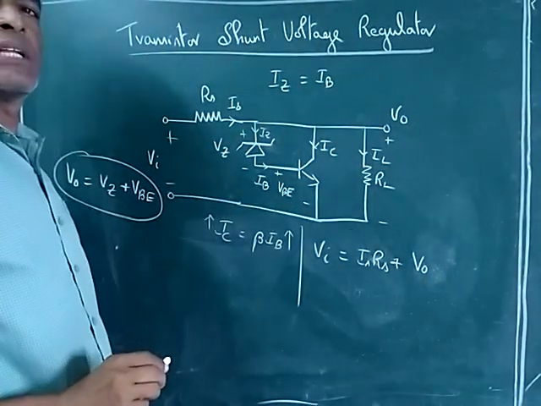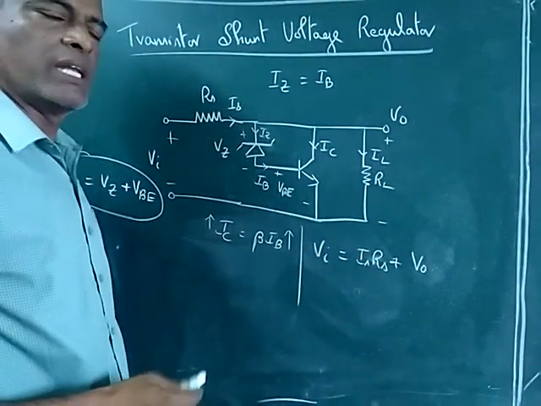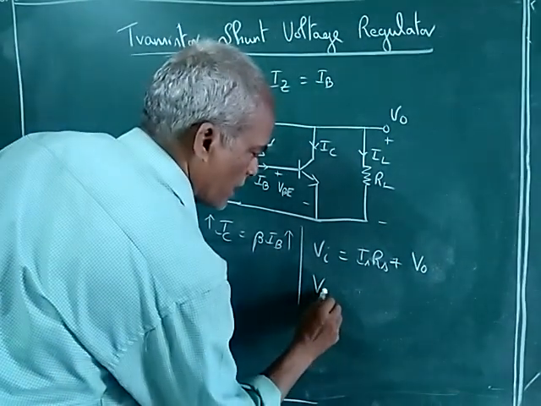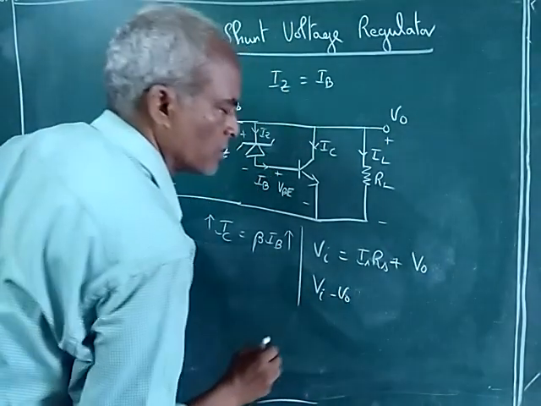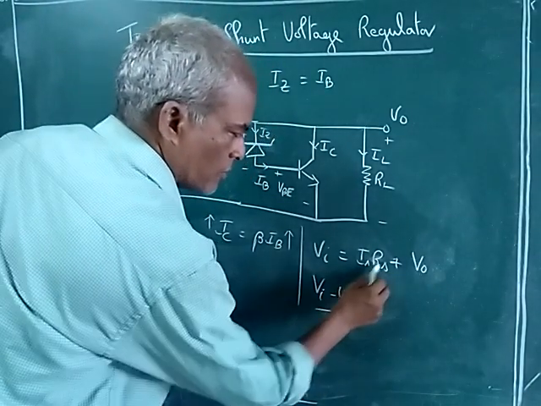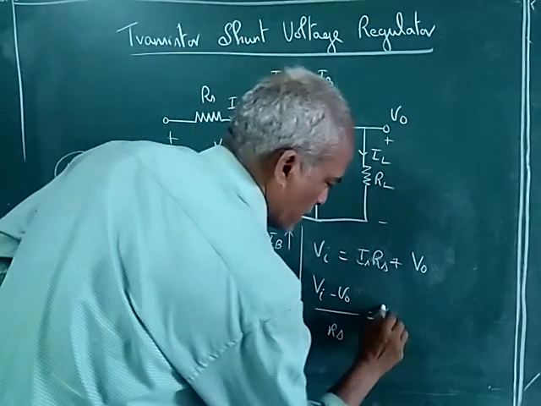Now I am interested in calculating RS. So you bring this term to this side, (Vi minus Vout), and bring this RS to this side, which will give you IS.